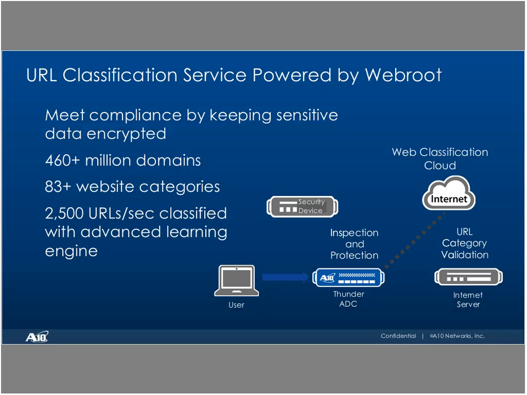So one of the first questions that comes up when organizations start looking at decrypting their SSL traffic is how do they protect users' privacy? They want to stop the malware, but they don't want to violate any compliance laws or look at more information than they should. So one way that organizations can adhere to compliance is by using URL classification. We offer a URL classification subscription powered by Webroot BrightCloud, which can automatically classify over 460 million domains and, I think, over 2 billion URLs into 83 different categories.